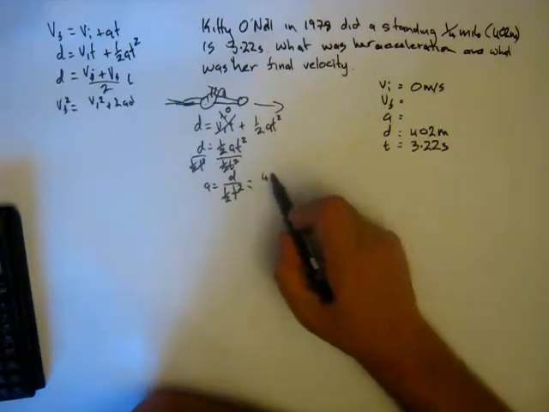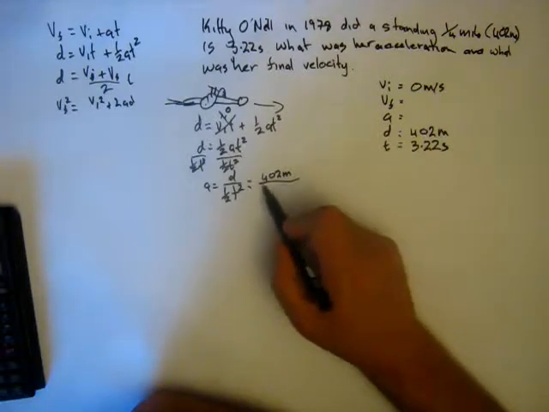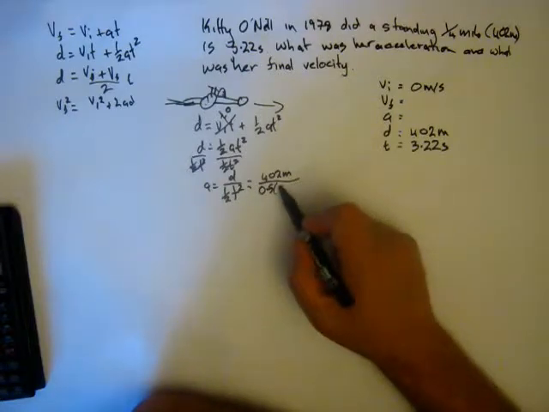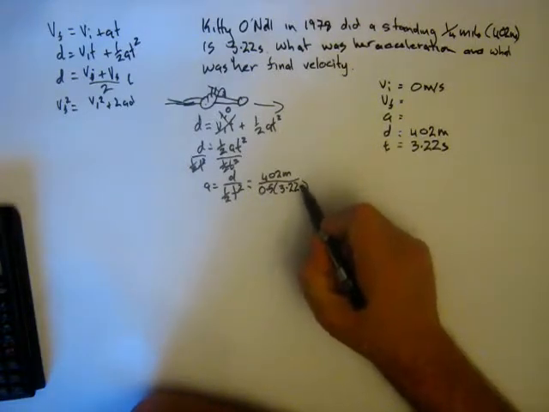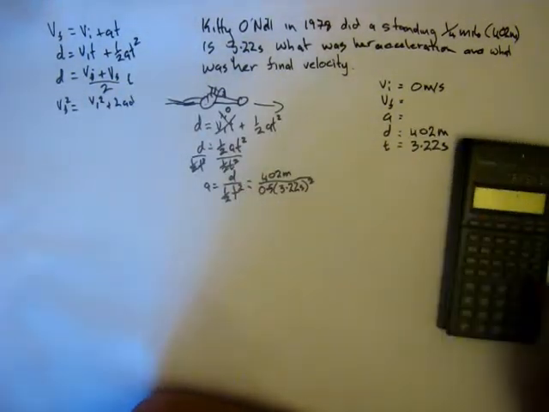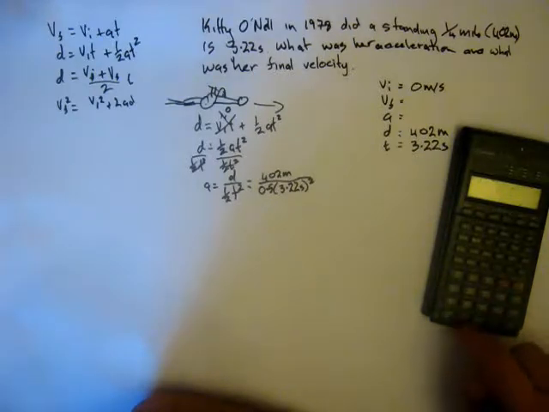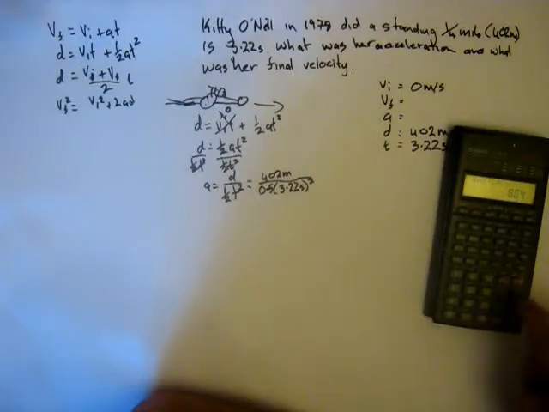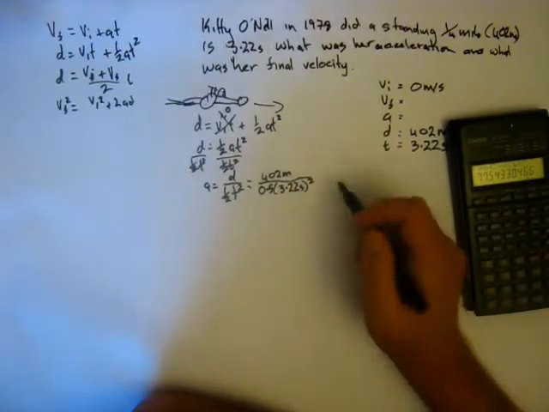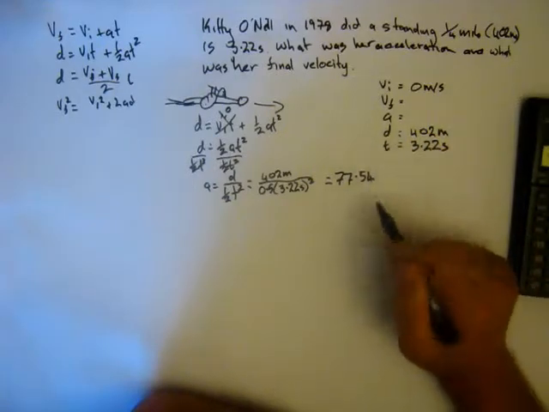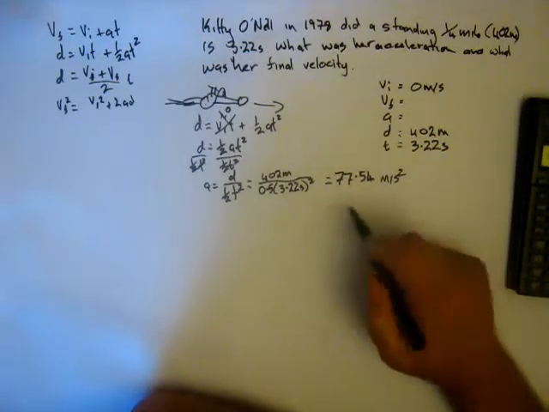D is 402 metres divided by 0.5 times 3.22 seconds, squared. Yes, I know a lot of physicists will be upset about this 0.5, but 402 divided by 0.5, which is the same as multiplying by 2, divided by 3.22 squared equals 77.54 metres per second squared.